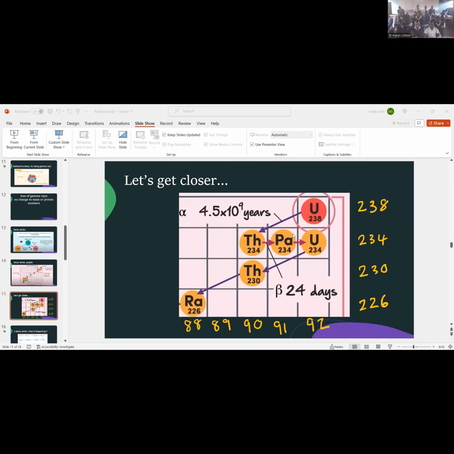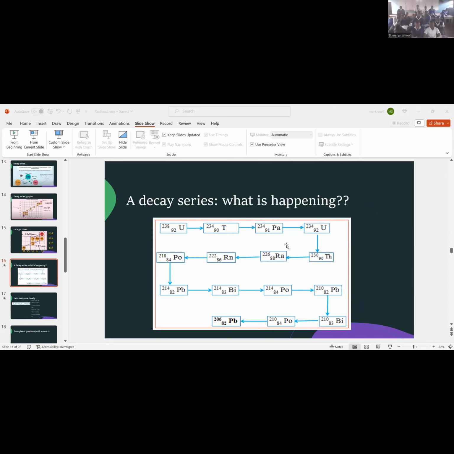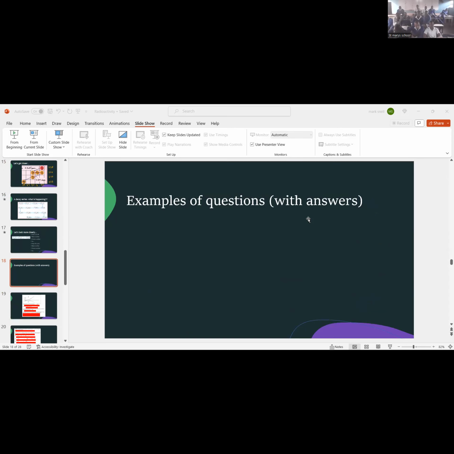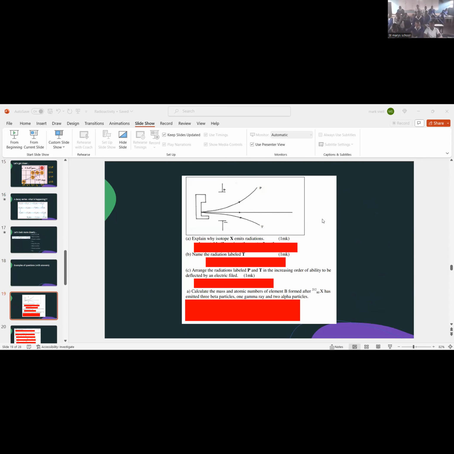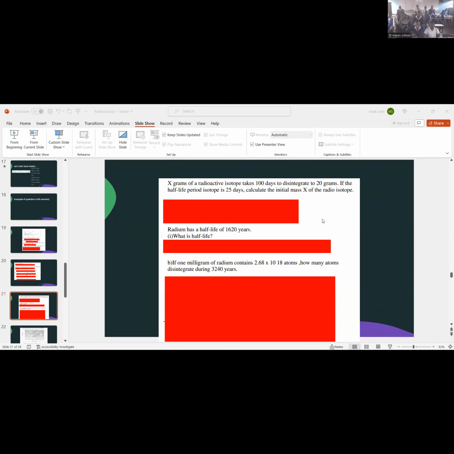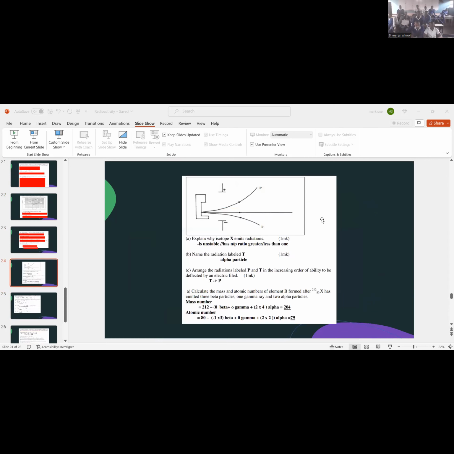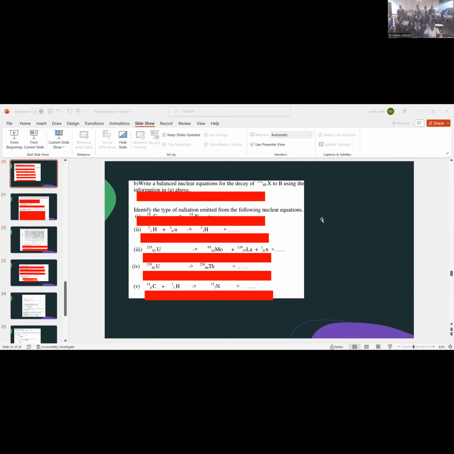These graphs you have to get to use. The diagonals are alpha, the horizontals are betas. You can write the equations from one to another just by counting, and you will be able to work it out. Here are a load of questions which I will send to your teachers, and the answers are afterwards.